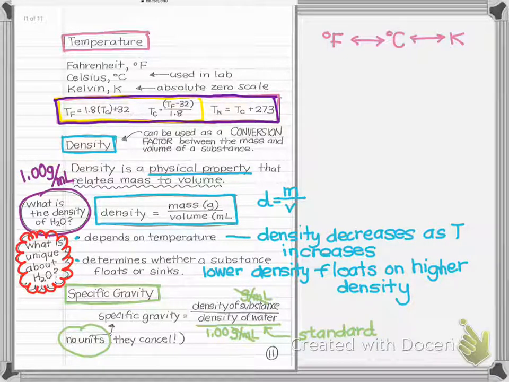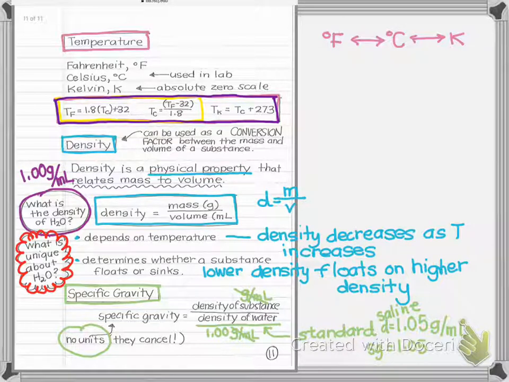So say, for example, that a saline has a density of 1.05 grams per milliliter. So that would be saline, and this is its density, then its specific gravity would simply be 1.05. So it would not have units, and since we'd be dividing by 1, because that's the density of water, or the standard, the number would stay the same.